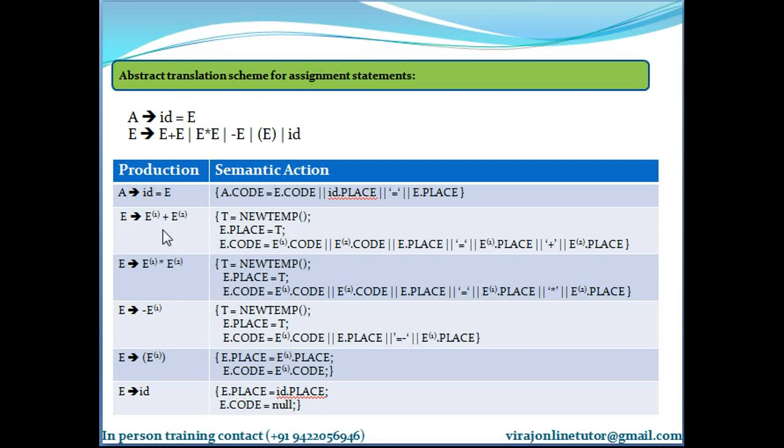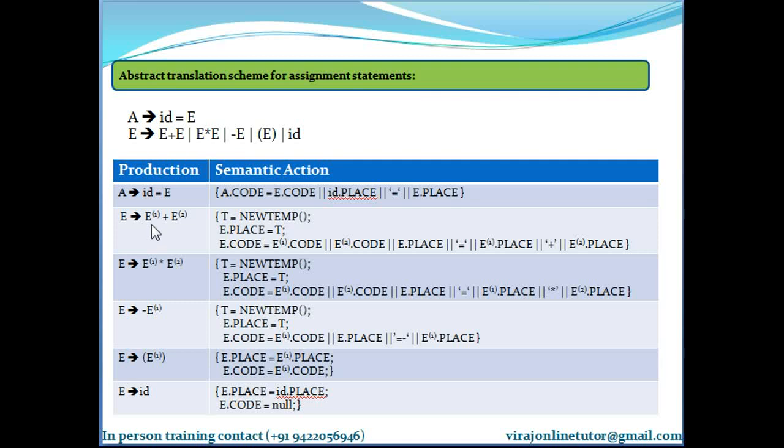For the next production, E gives E1 plus E2. The very first step is to create a temporary name because I want to evaluate this particular expression. I create a new temporary name, save it into T, and then assign T to E dot place.